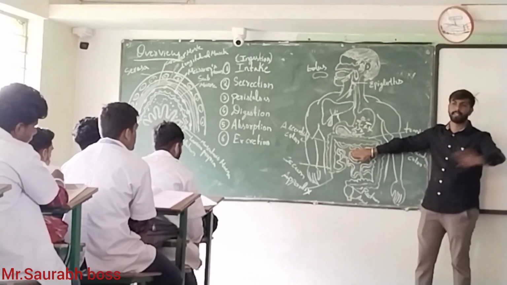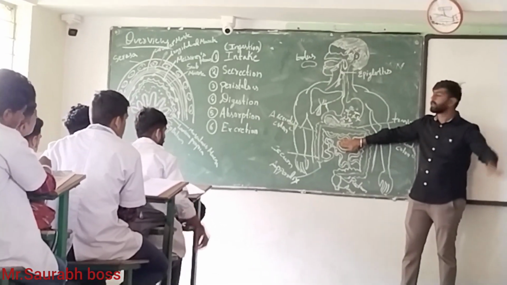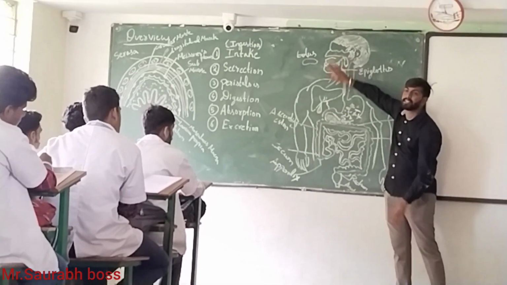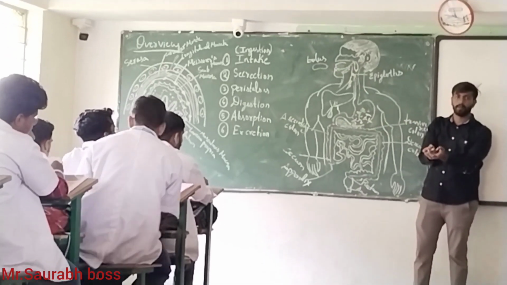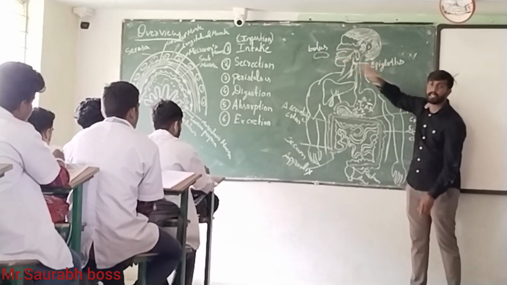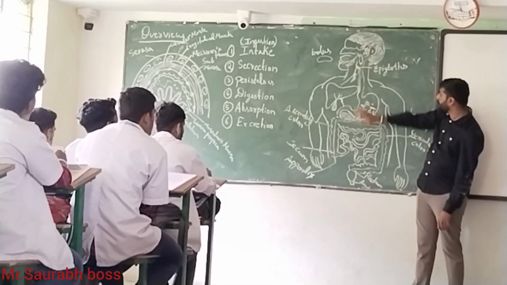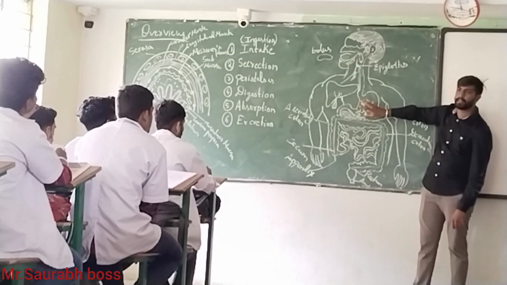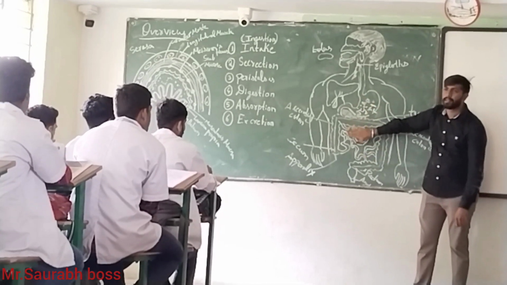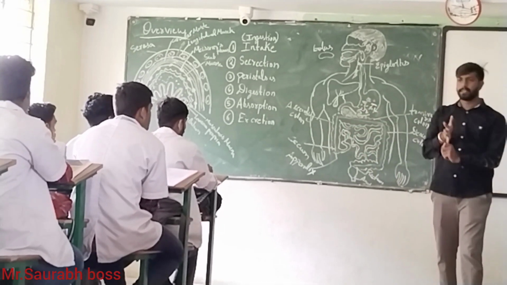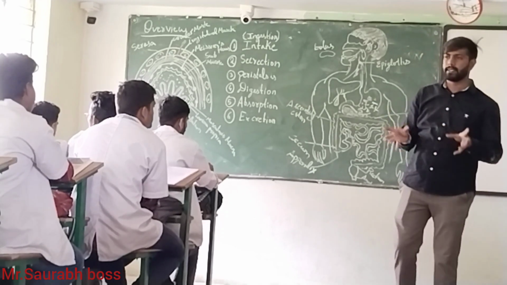But here, all the three. Because in the mouth, in the saliva, the fat digestion enzyme is not there, and the protein cutting enzyme is not there. But here they have fat enzymes, so they can break down the fats.